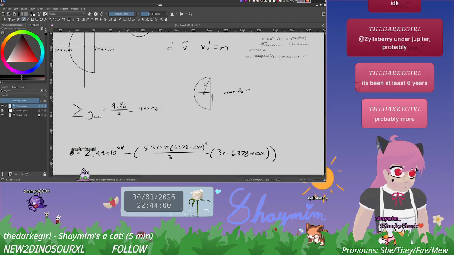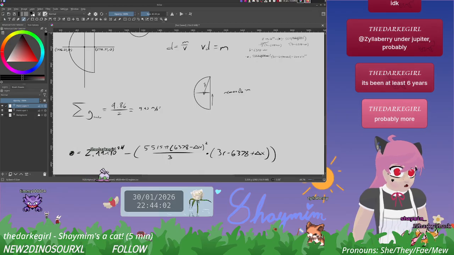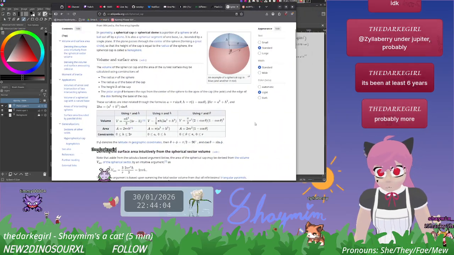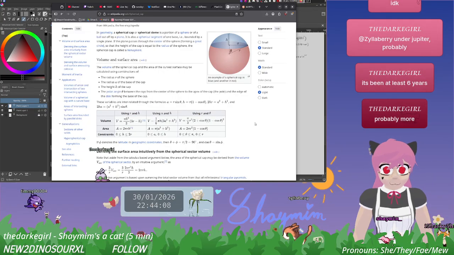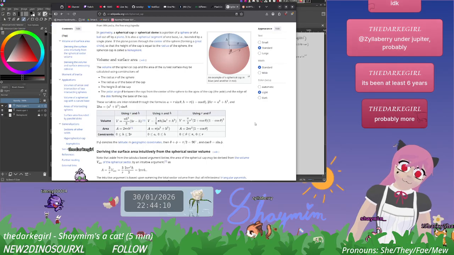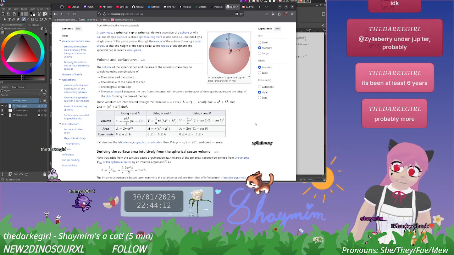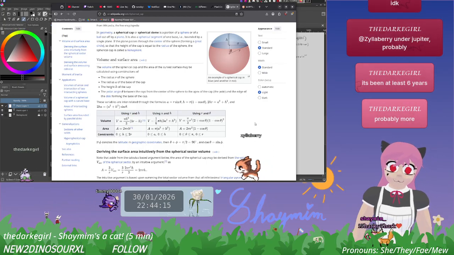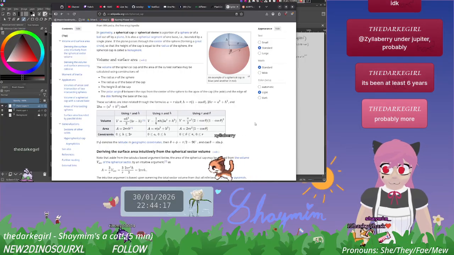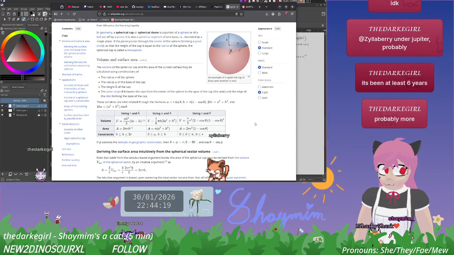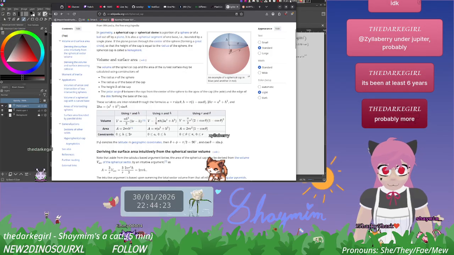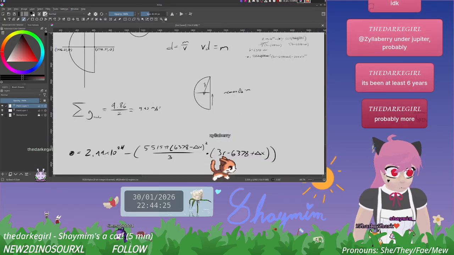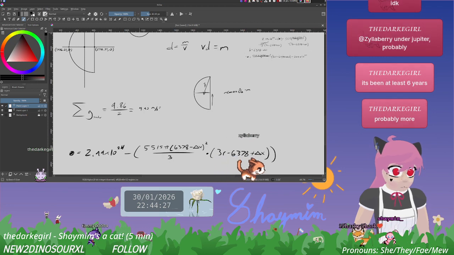What is r? Is there a way I can substitute it out? I don't think so. R is the radius of the sphere. That means that it would be constant, wouldn't it? That's actually brilliant, huh? Okay.